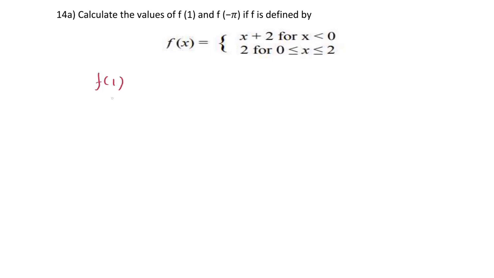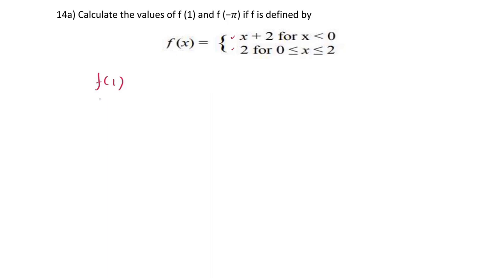Okay, so since we have two values of the function in our equation, that is f(x) equals x plus 2 and f(x) equals 2, to determine which one to deal with, we are going to look for the value of x and check where it lies between the ranges of x given.